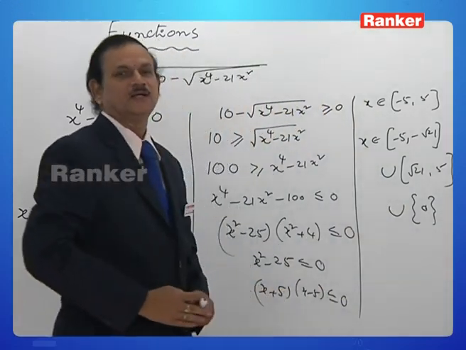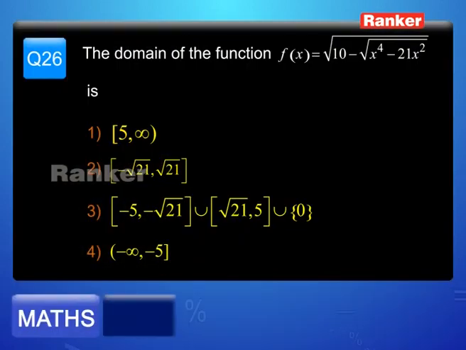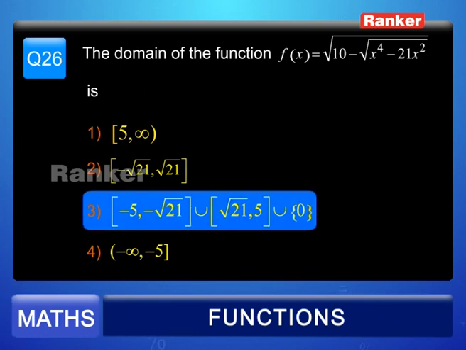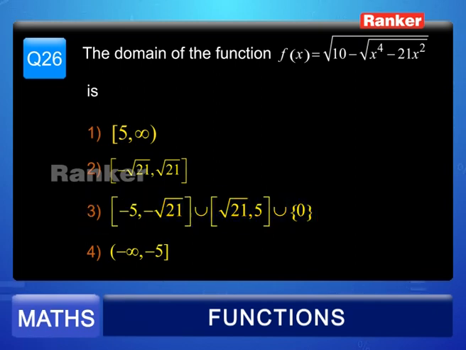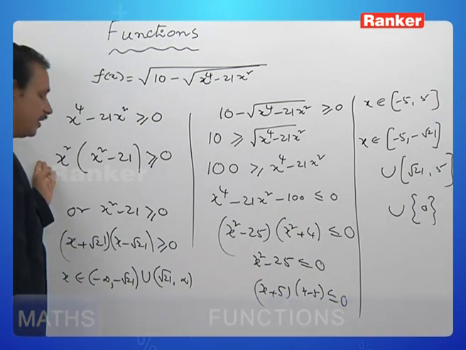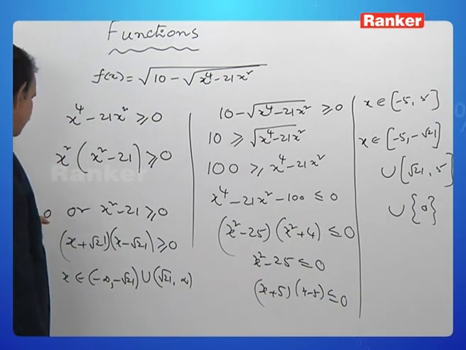That is the domain. Hence, among all the available options, the third option is the right option, because here we may have to keep three particular things in our mind. Number one, in this x square is again a factor here. There will be a case when x equal to 0.